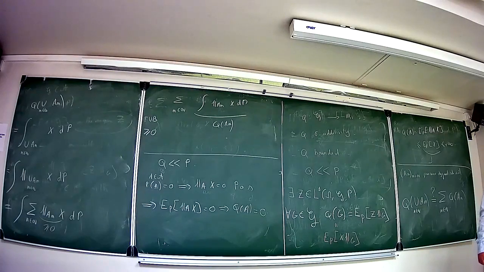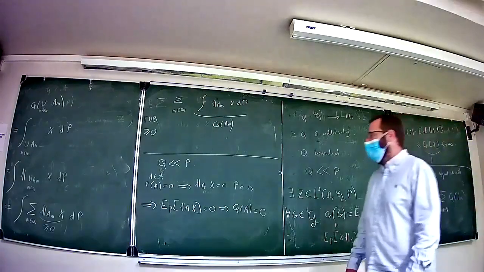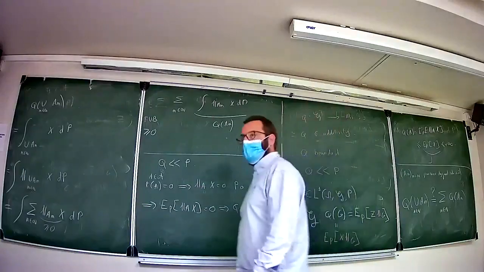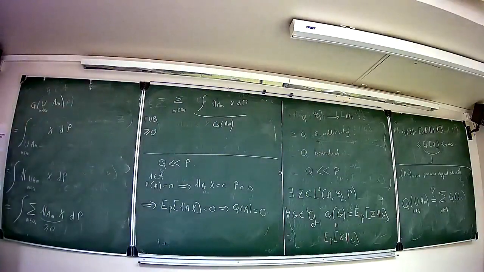Okay? So in fact, this exercise is just a little exercise of probability if you know the Radon-Nikodym theorem. Okay? But to prove the sigma additivity or to prove other things, it's just basic results of probability. Okay, you have it in the beginning of chapter 0.